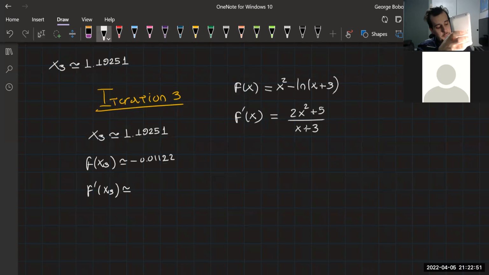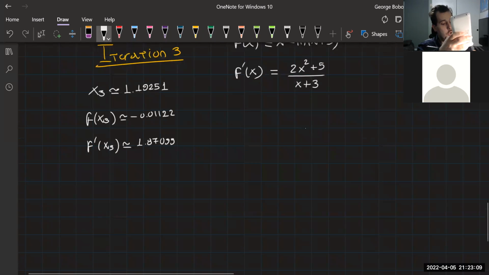And the derivative at that same position is 2 times this number squared plus 5 divided by this number plus 3, 1.87099.